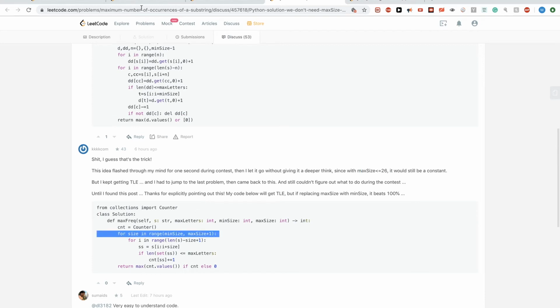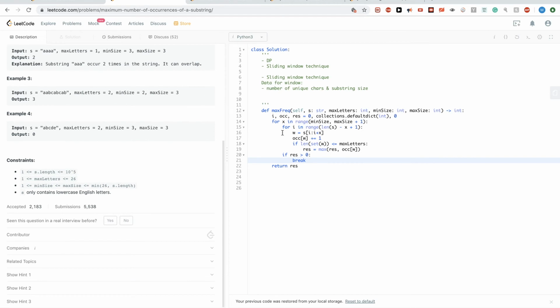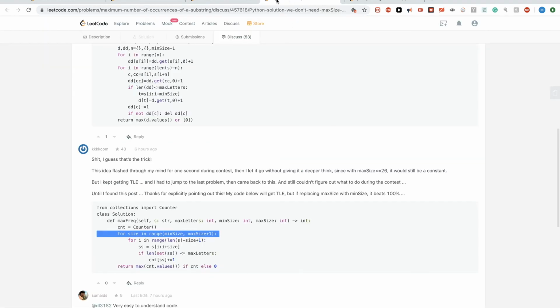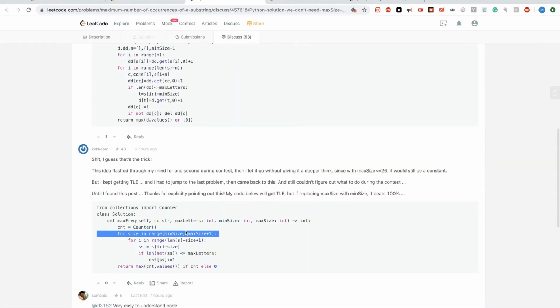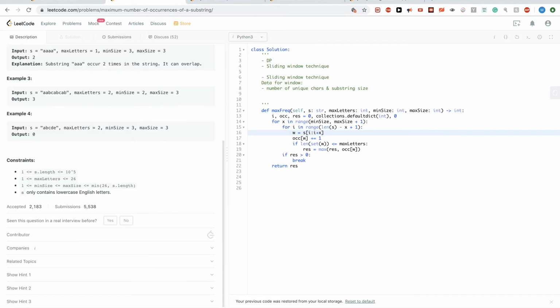Yeah, so this is similar to what I tried here, where basically he's doing the range from min size to max size, right? And then trying those sizes, right? Which got him a TLE, right?